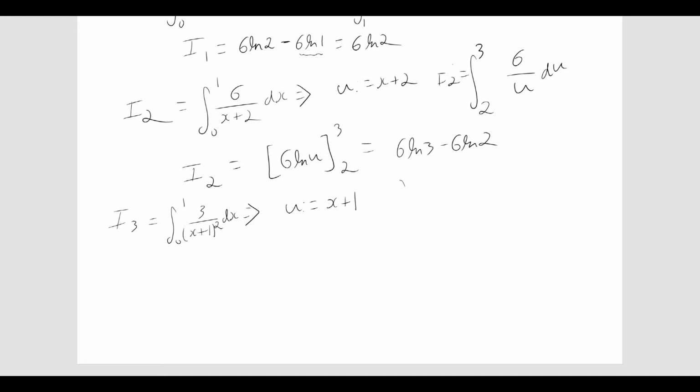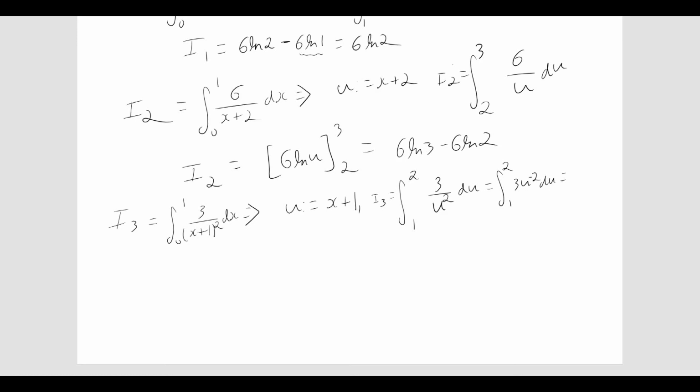So I'm going to let u be x plus 1. Then my integral becomes the integral from 0 plus 1 is 1, 1 plus 1 is 2, obviously. So I have 3 over u squared, and again, du is equal to dx, so I have du. Remembering my power rule, this is really the integral from 1 to 2 of 3u to the minus 2 du.